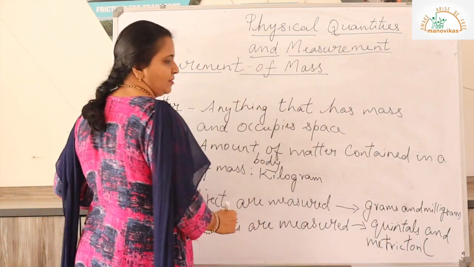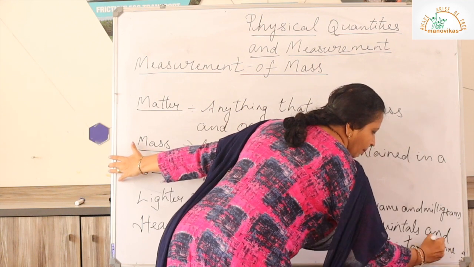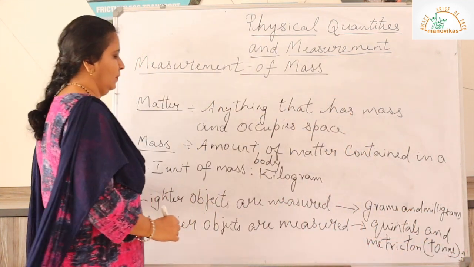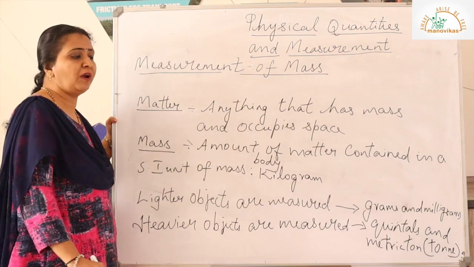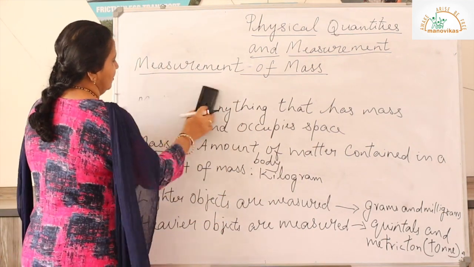Another name for metric ton is ton. Now let us see the relation of units, how they have been related.